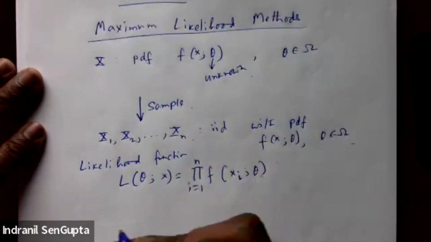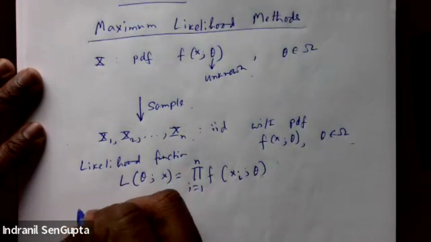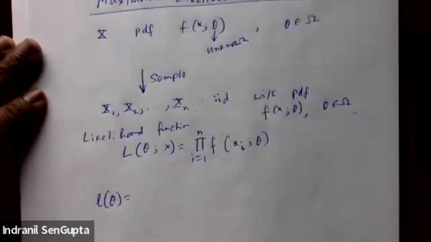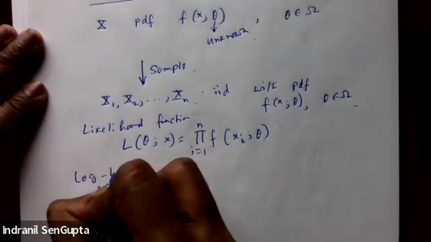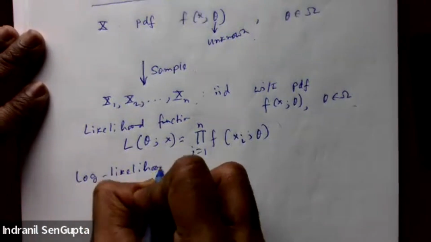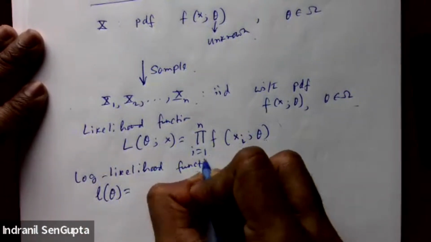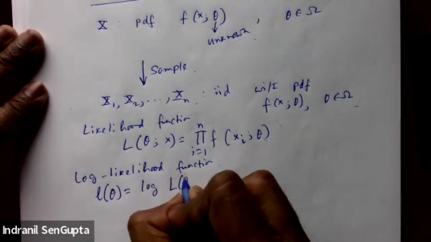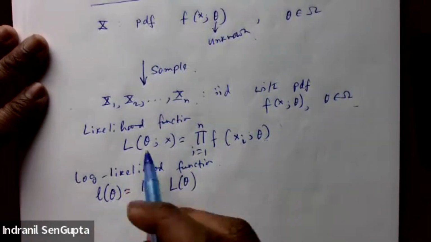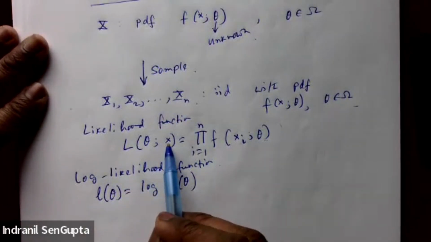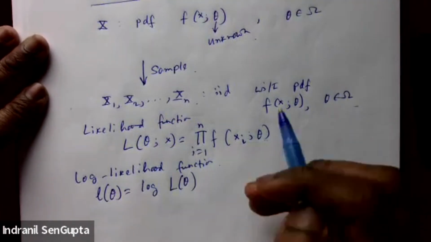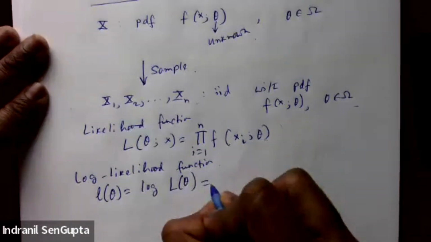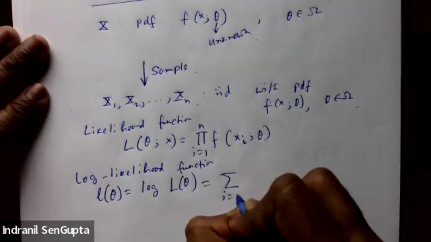We have seen this example before. Now, what we did is we take the log of this function and we denote that by little l(theta), which is the log likelihood function, l(theta) = log L(theta). If I just drop this x, this is given by the summation from i = 1 to n.